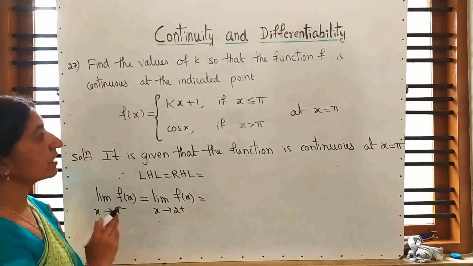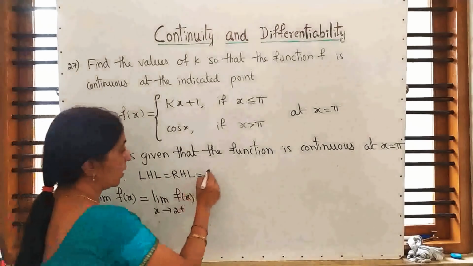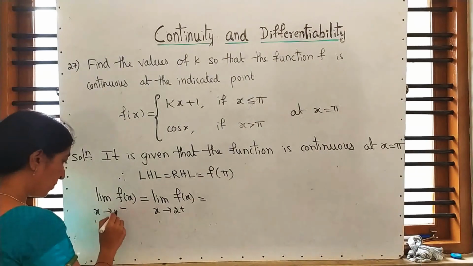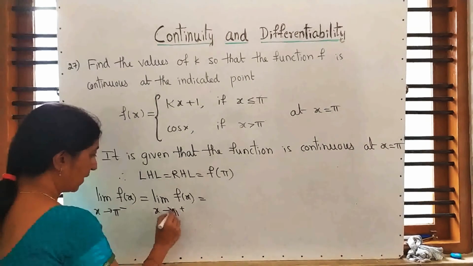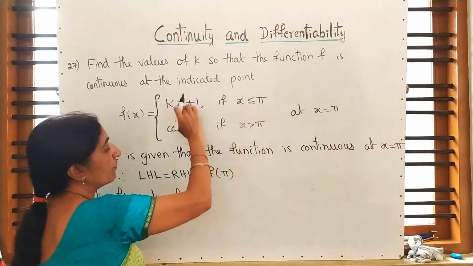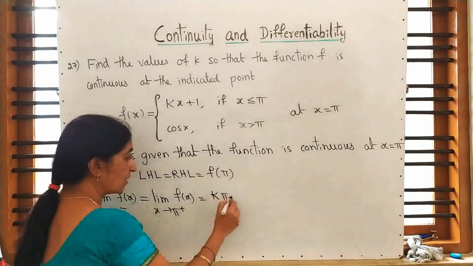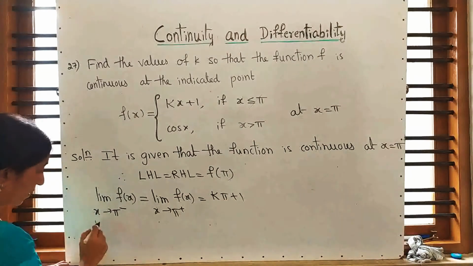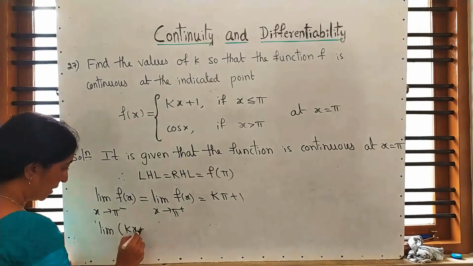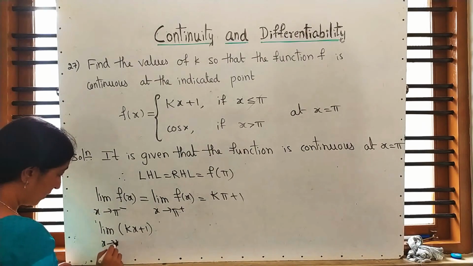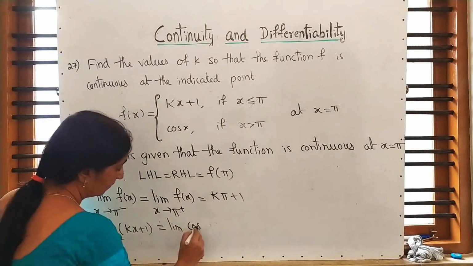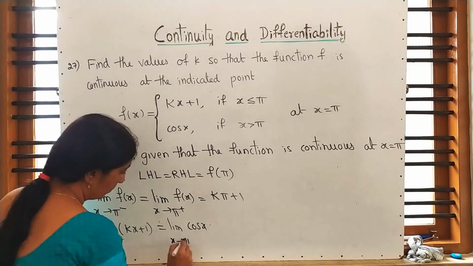So it is given that the function is continuous at x is equal to pi. Like the previous, it is given that LHL is equal to RHL is equal to f of pi. Here we have to write x tends to pi minus and pi plus. What is f of pi? Here in the first expression we have the equal sign. Wherever x is there we are writing pi. Now it is a limit. We have to select the first one, because in the first one it is less than. Limit as x tends to pi of kx plus 1, and here limit cos x as x tends to pi.